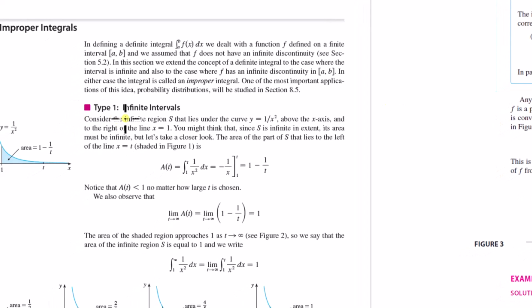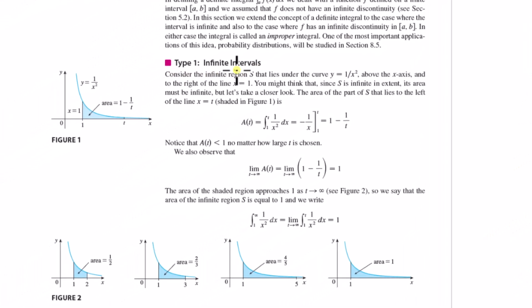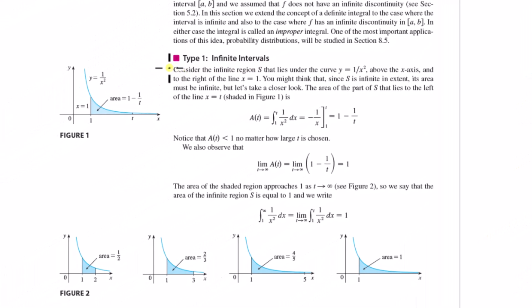Okay, but we're going to start with what they're calling type 1 improper integrals, and these strictly are dealing with going off to infinity, positive or negative infinity. So we're calculating the area under the curve, but the curve never ends, right?